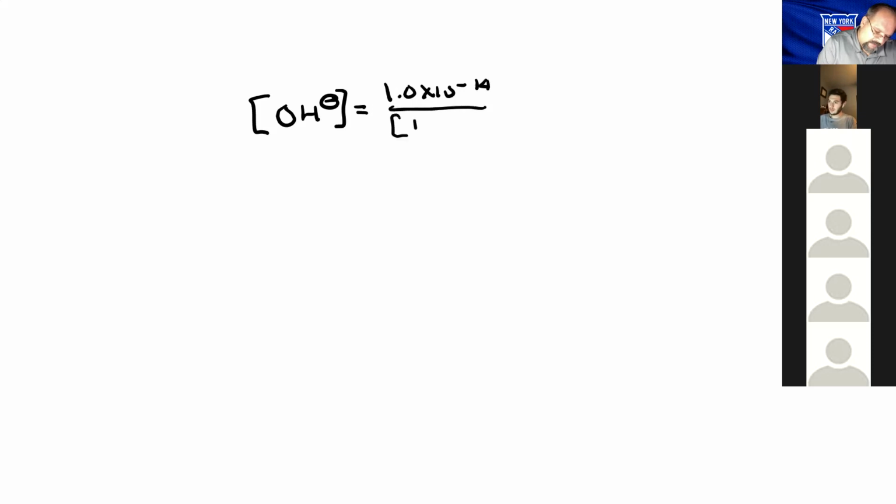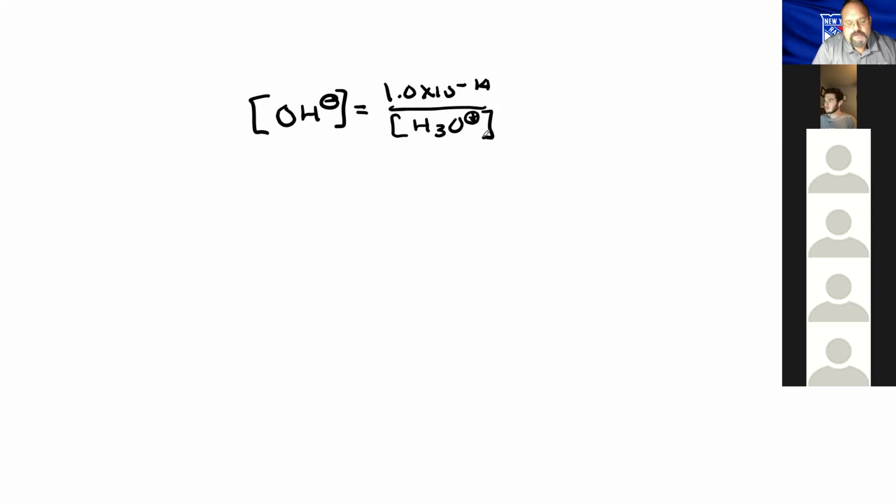Conversely, if you're looking to find the amount of OH minus, again, you take 1.0 times 10 to the minus 14th divided by the amount of H3O plus. So if you're looking to solve for the amount of OH minus, you take 1.0 times 10 to the minus 14th and you divide that by the amount of H3O plus that's present.